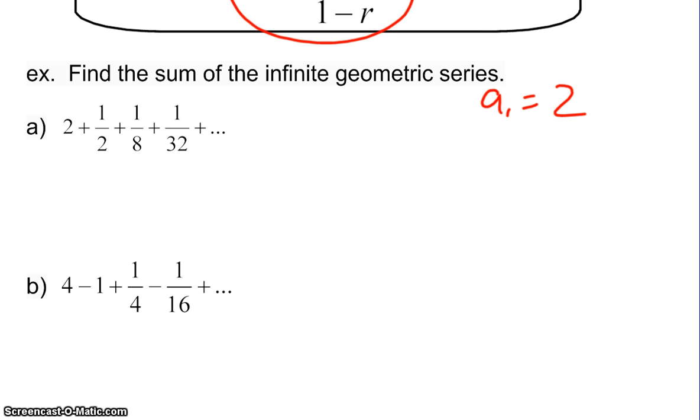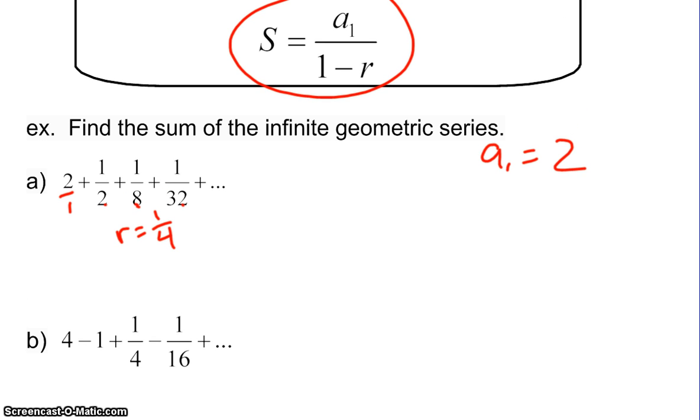And then let's check to see if we can find the sum because of the ratio. So going from 2 to 1/2, and then 1/2 to 1/8, and 1/8 to 1/32, we should be able to tell that the ratio is 1/4, which is less than 1, therefore it does have a sum.